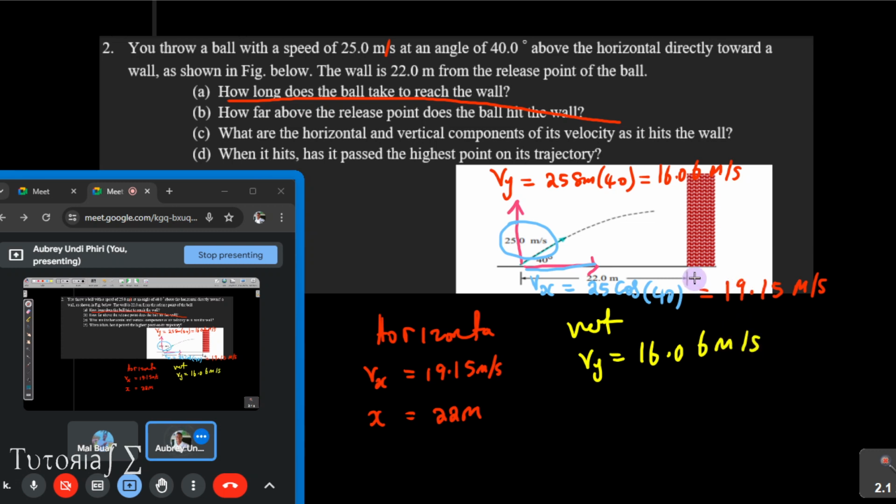Now to find time, we can use information in the horizontal. So we can use the same formula that we used. Remember the formula that we used?